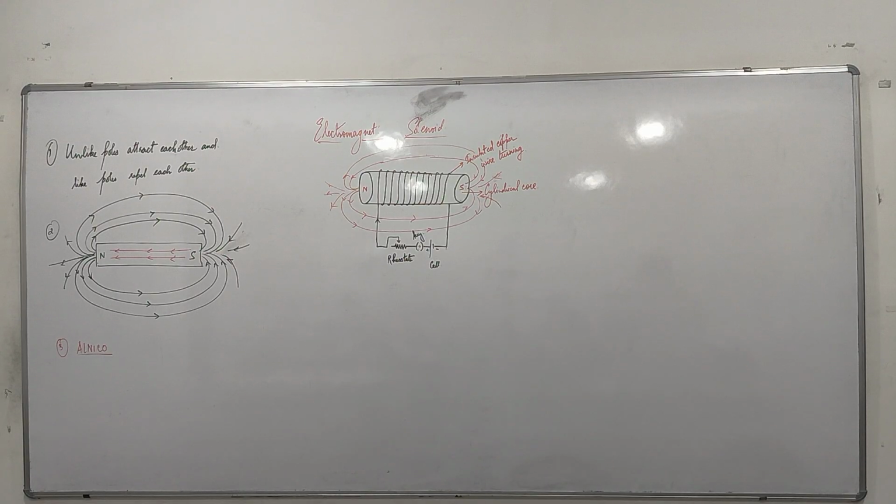Oersted's experiment shows that whenever electric current flows through a current carrying conductor or a wire, it produces an electromagnetic field.